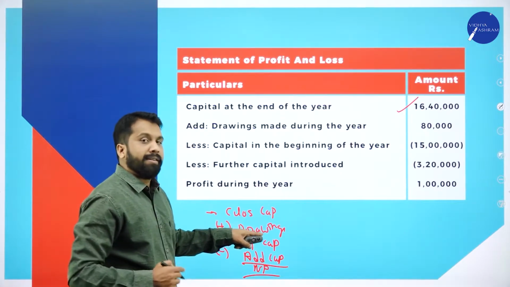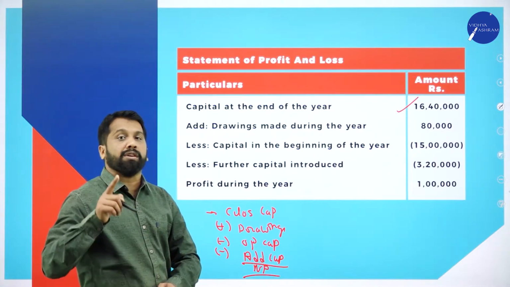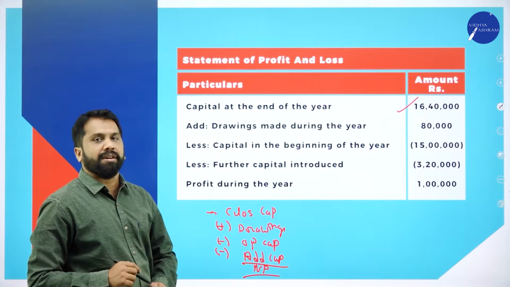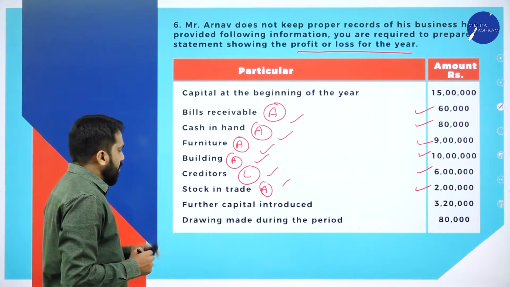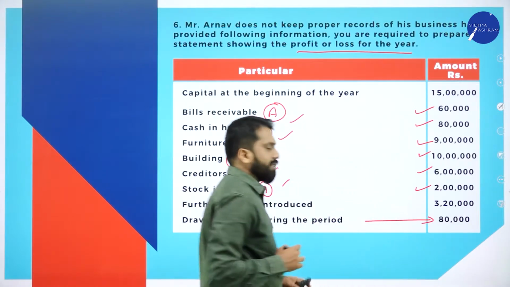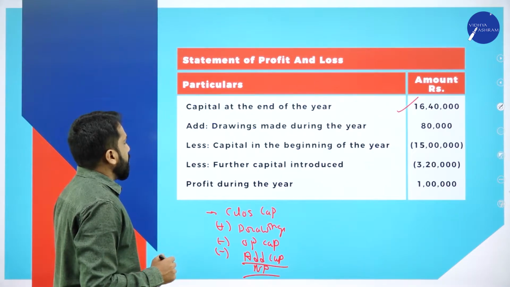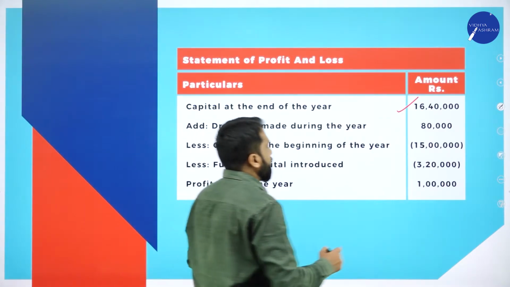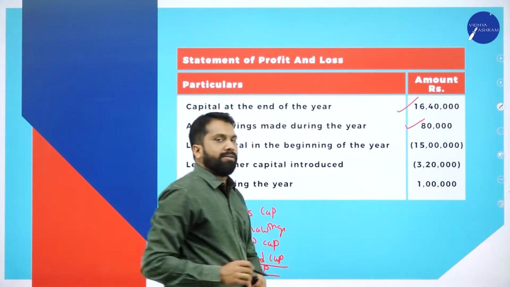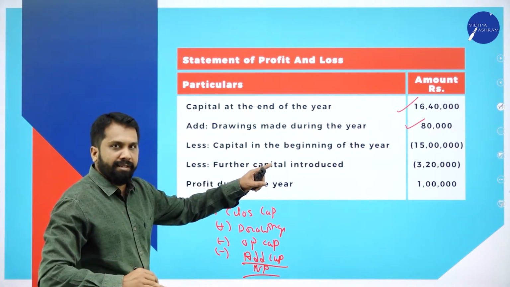You should add drawings. As per the question, what are your drawings? Drawings made during the year is 80,000. This 80,000 we should consider. Hope you are clear.